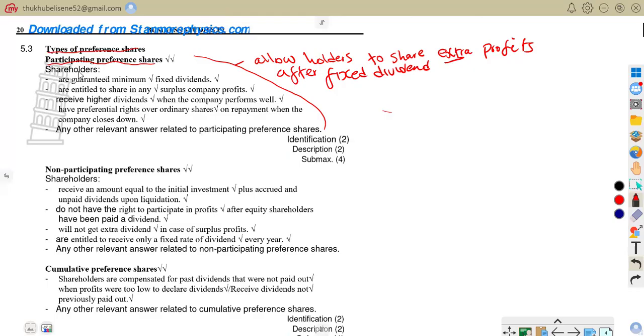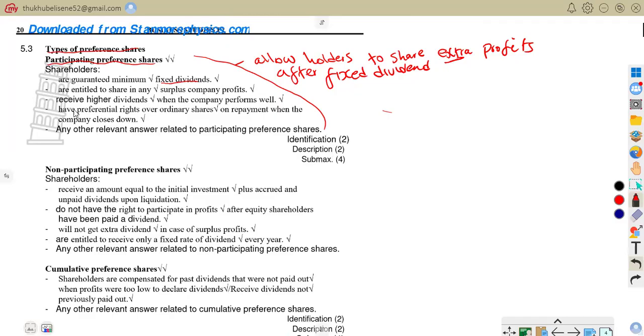When you're talking about participating preference shares, shareholders are guaranteed minimum fixed dividends. So there are fixed dividends. If you are to get 80% of your fixed dividends, you are still going to get it, whether the company made profit or loss.